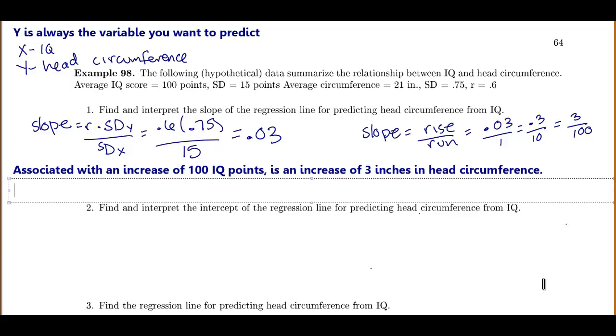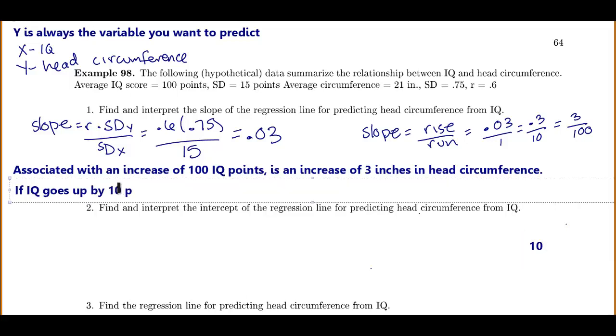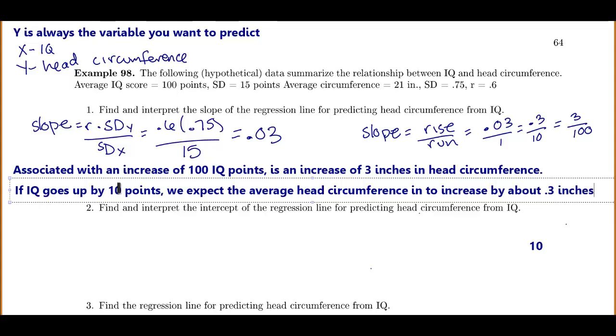So I could say, if IQ goes up by, now let's do the 0.3 over 10, goes up by 10 points, we expect the average head circumference to increase by about 0.3 inches.